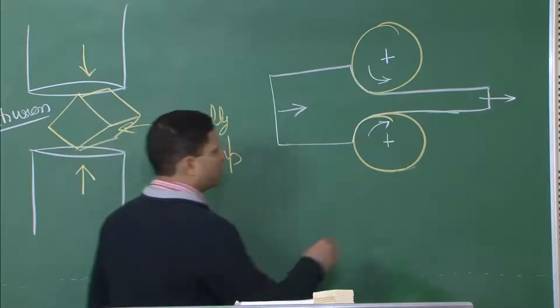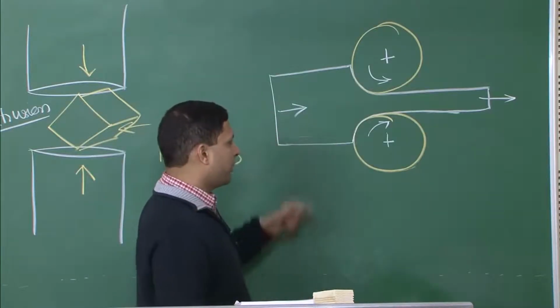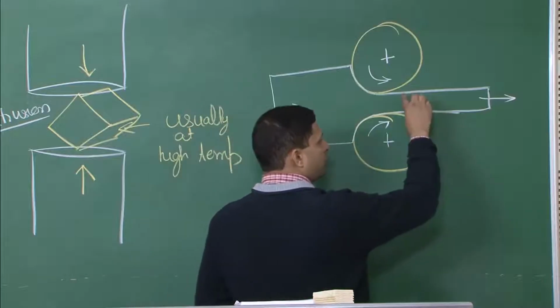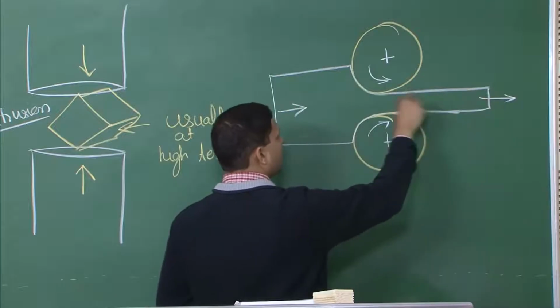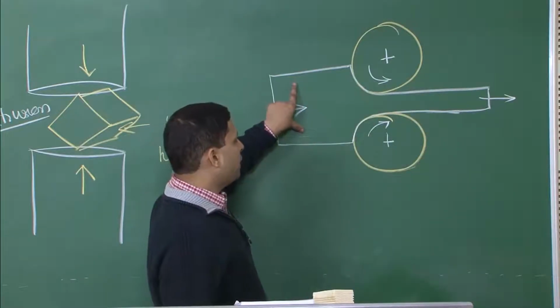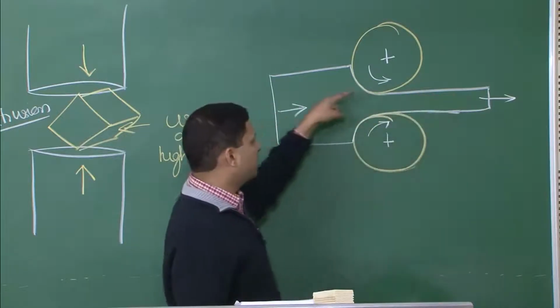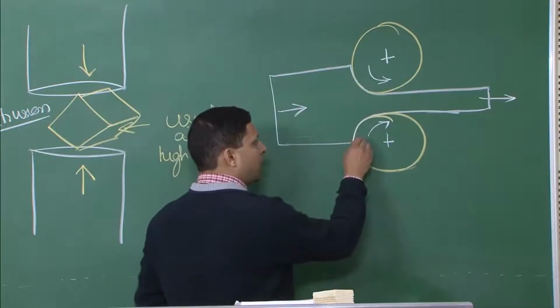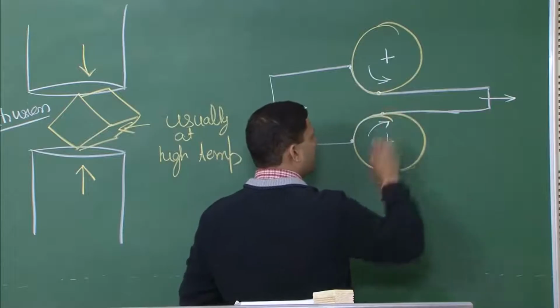Not only that, look at the velocity of the material of this sheet that is passing. Now, if this is being deformed and it is thinner out here, then obviously the velocity at this part is much larger than the velocity at this part. If we assume that this part is twice the thickness of this, it means that the velocity here is twice that of this region, which means that at this point the material is moving at, let us say, V1, then at this point it is moving at V2.